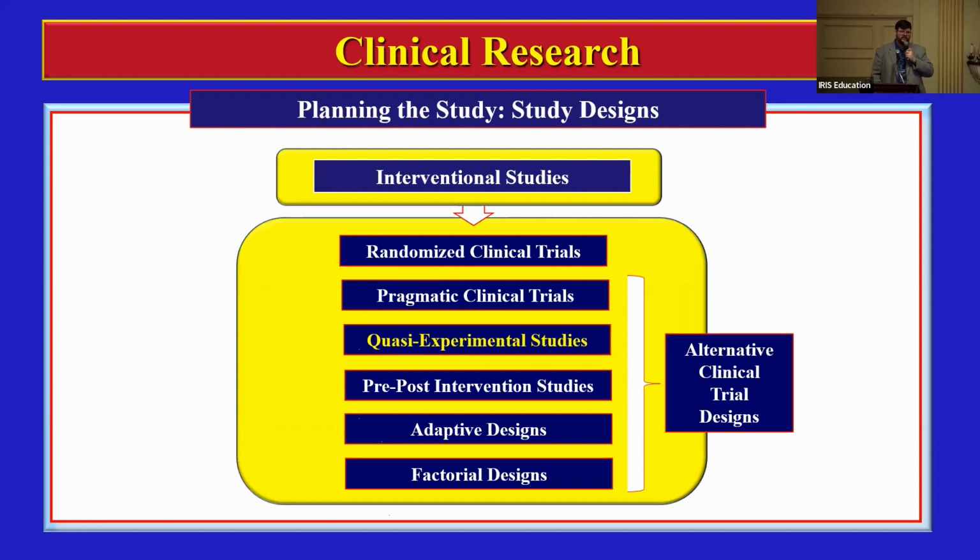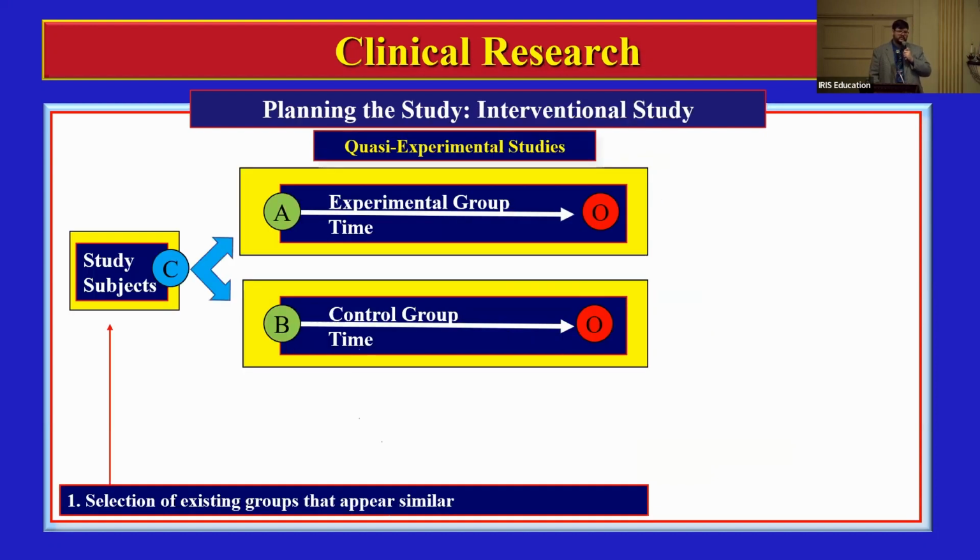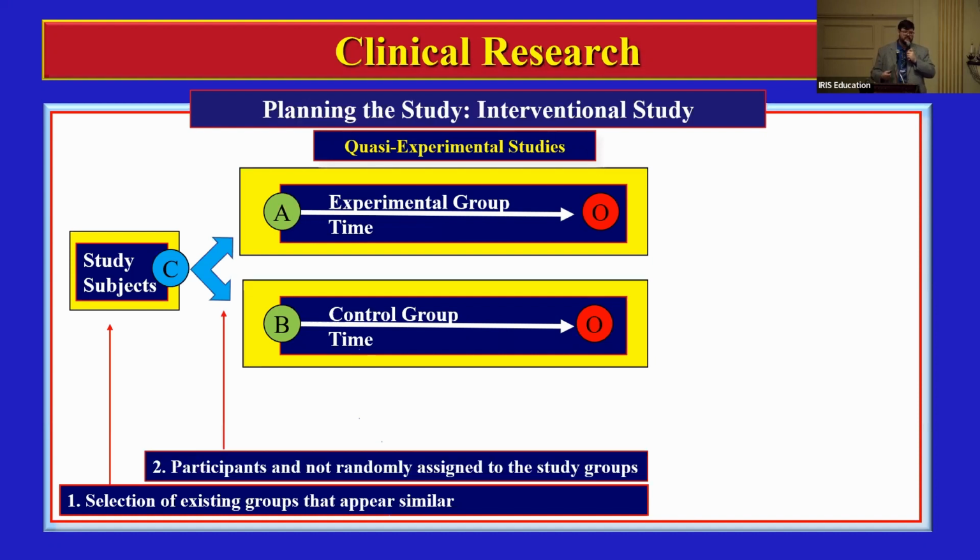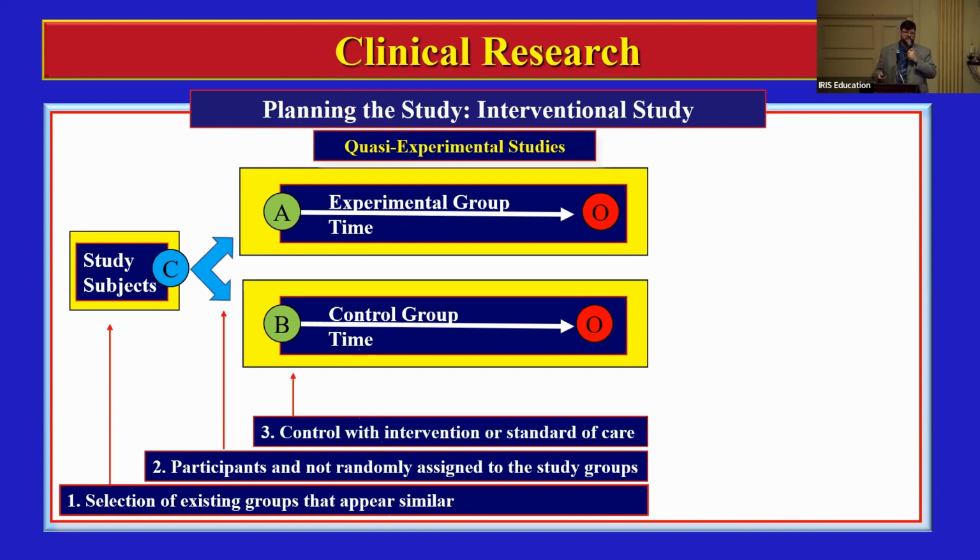In quasi-experimental studies, the main difference here is that randomization does not occur. And so you will typically select subjects that appear similar or exist in a similar context. And then patients aren't randomly assigned. The control will either be an intervention or standard of care again. And then we'll still look at outcomes.